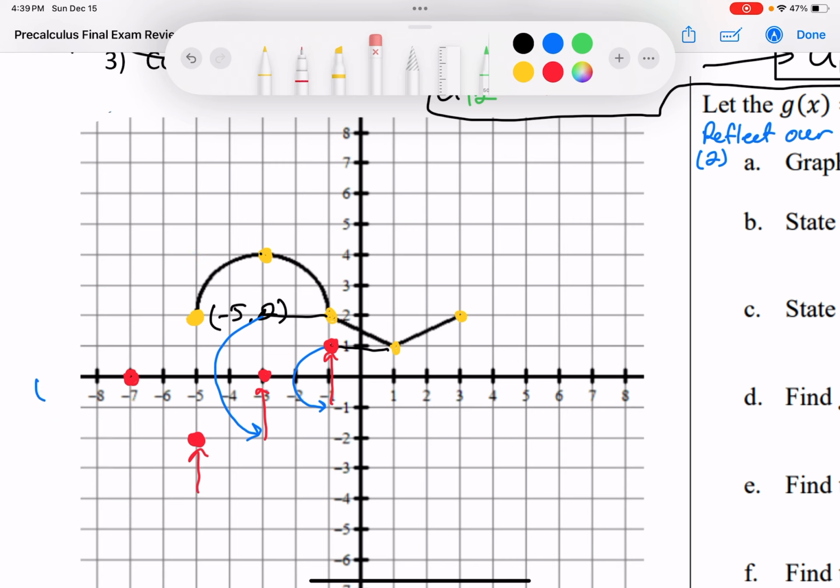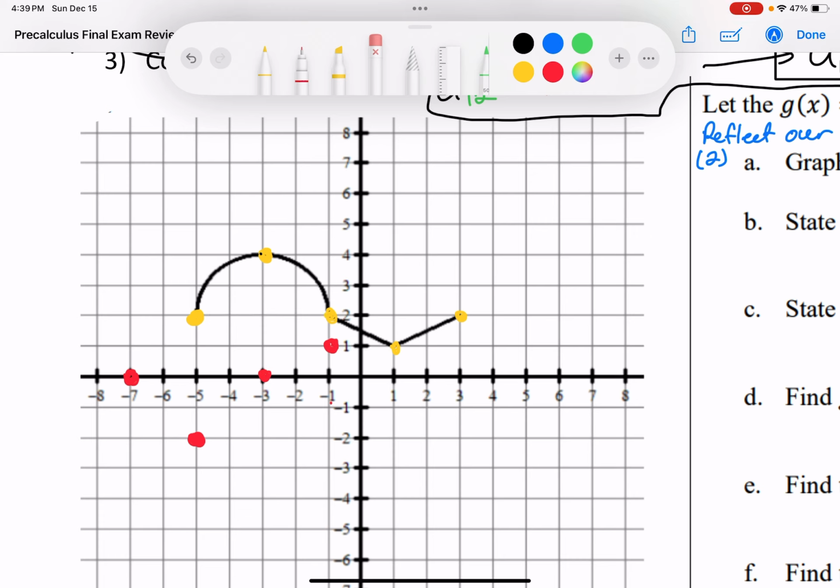I'm going to erase everything except for the red points as of right now. Yep, this is definitely not my video day. It's all right. We're going to get there.